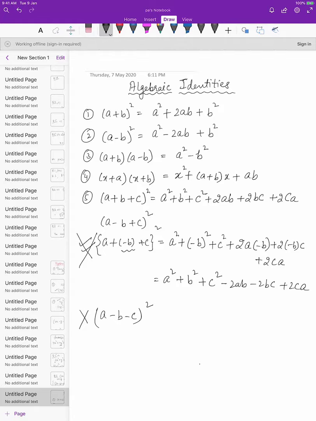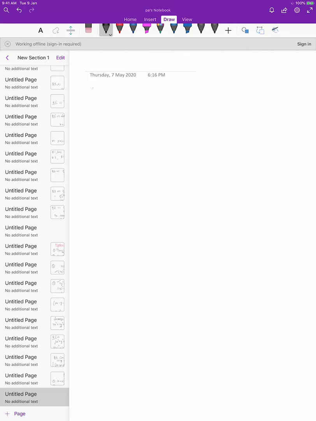Okay, now today we are going to start with the 6th identity, the new identity, which is (a plus b) whole cube. Now the identity for this is a cube plus b cube plus 3ab into (a plus b).